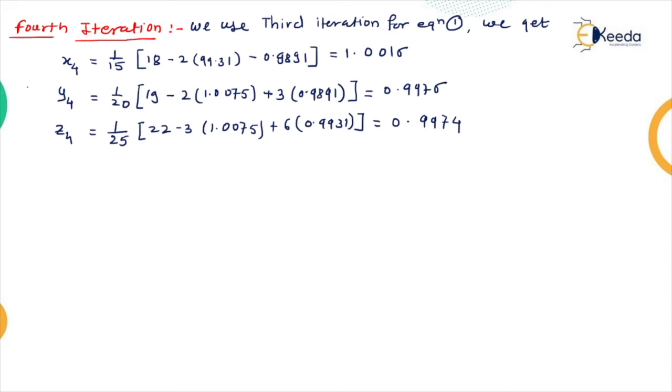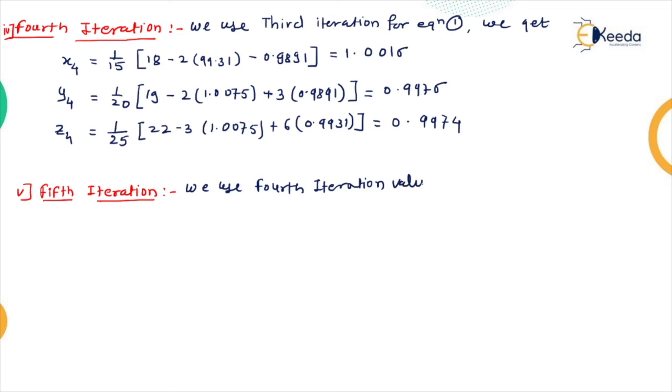So for that we also have to take the next iteration, the fifth iteration. In the fifth iteration we use the fourth iteration values in equation 1.